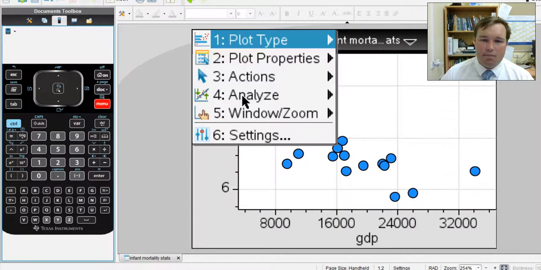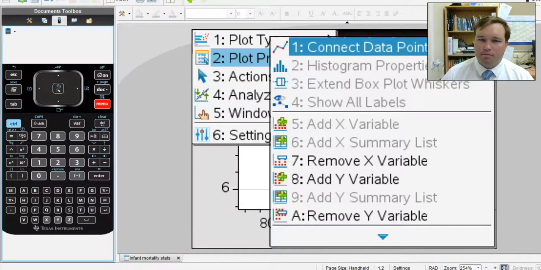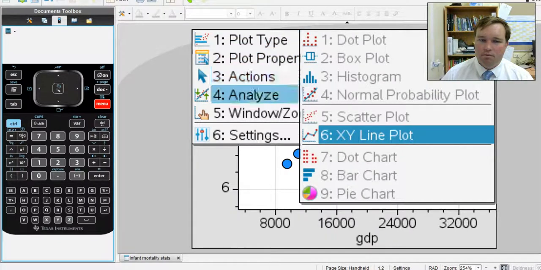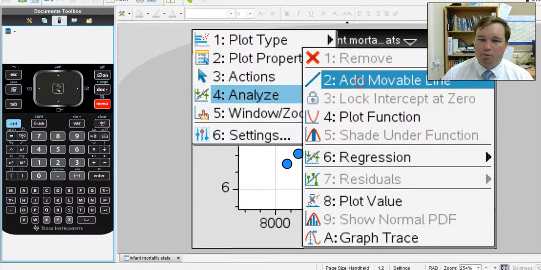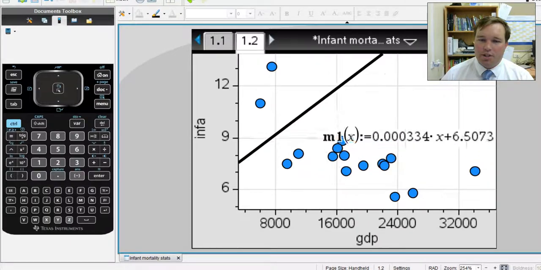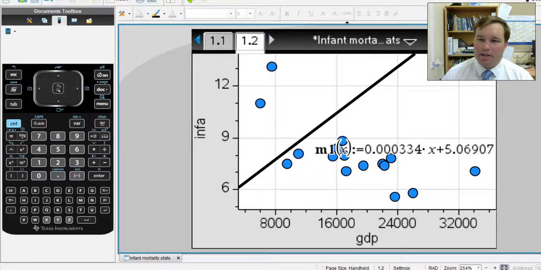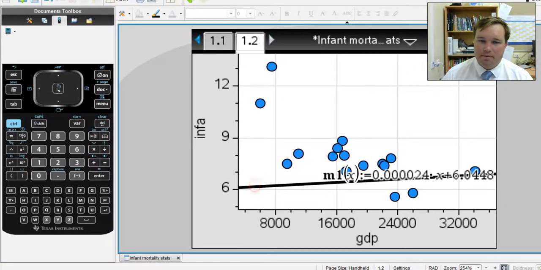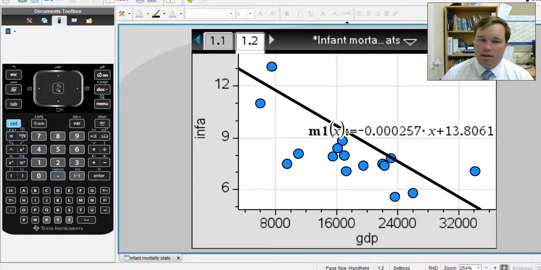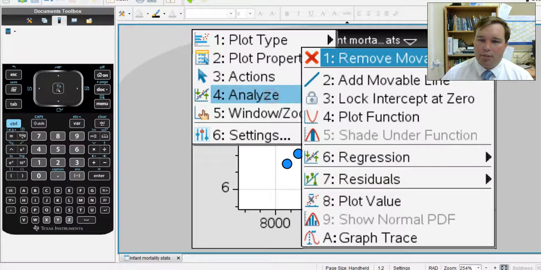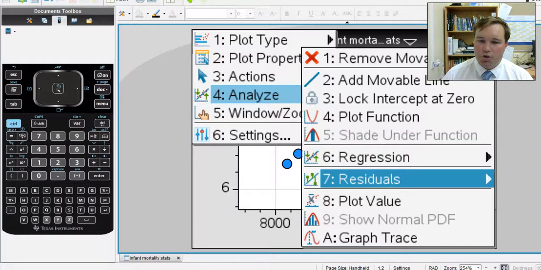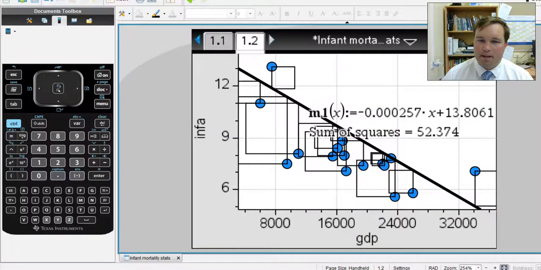If we decide to plot a line, add a movable line, we can actually move a line around. So we can try and do this by hand. And we can ask it to show the residual squares.